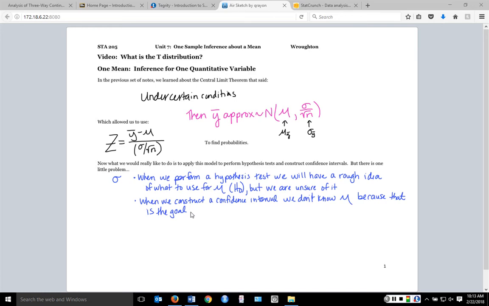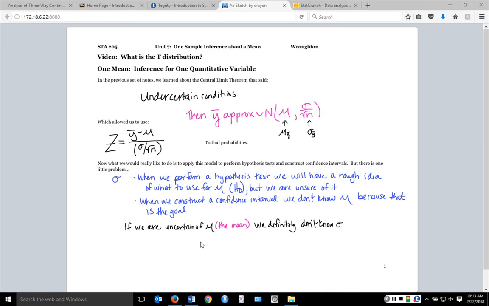Now, what might seem a little strange here is I'm talking about how sigma, our population standard deviation, is the problem, but here I'm discussing the mean. So let's talk about why that is actually the problem. If we are uncertain of mu, and of course mu is our mean, we definitely don't know our standard deviation.